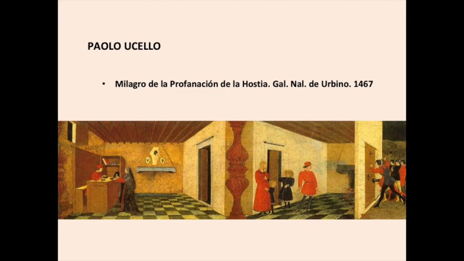So, here you see how important it was for Paolo Uccello to represent the deepness in the picture. You see the diagonal lines in the floor and in the ceiling. If you continue with these diagonals, they lead our view to the central part.